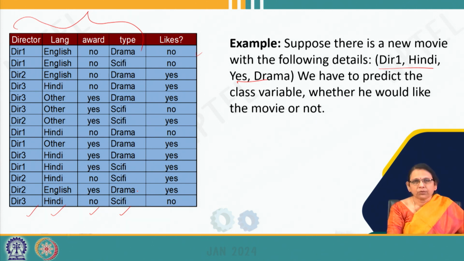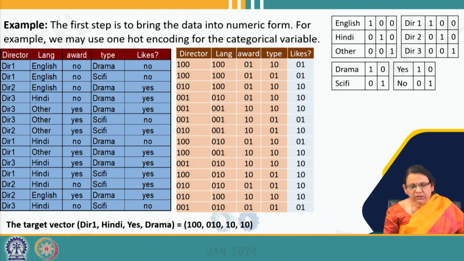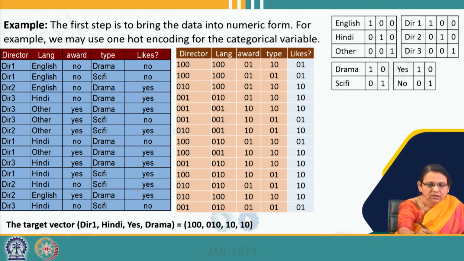Now, if it is so, how do I use some distance or similarity measure which basically requires numeric data? So, one of the ways, which we have already covered, is binary formation, also popularly known as one hot encoding.